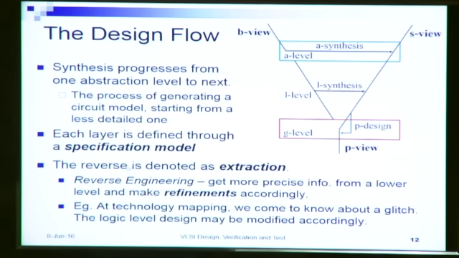Similarly at the logic level we have the Boolean equations and the state machine, and we go through the logic synthesis process to obtain the gate level description, a minimized Boolean gate level digital circuit.